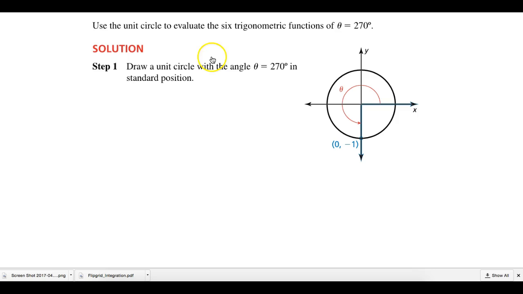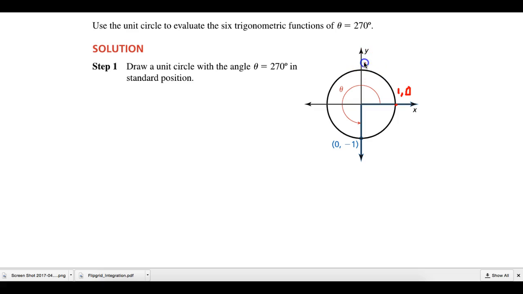The first thing we always want to do is draw our diagram. So let's go ahead and draw our unit circle. Again, here's our origin. Each point out here is a distance of 1 from the origin. So we know that this point right here is at x equals 1, y equals 0.